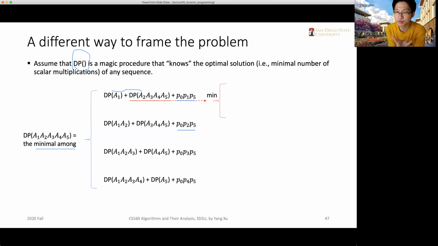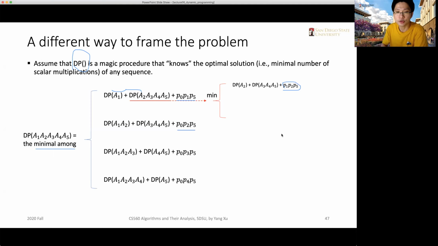This subproblem is also the minimum among a bunch of choices, which is first parenthesize A2 and parenthesize A3 to A5, plus the cost of multiplying the two results, P1 times P2 times P5.